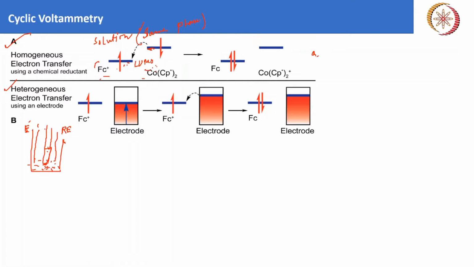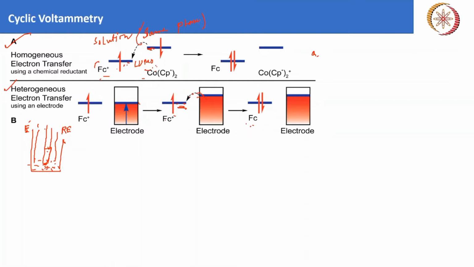If you dip your electrode in ferrocenium solution, and the electrode energy is higher than the LUMO energy of the ferrocenium, then one electron can transfer from the electrode to the ferrocenium and reduce it to ferrocene.